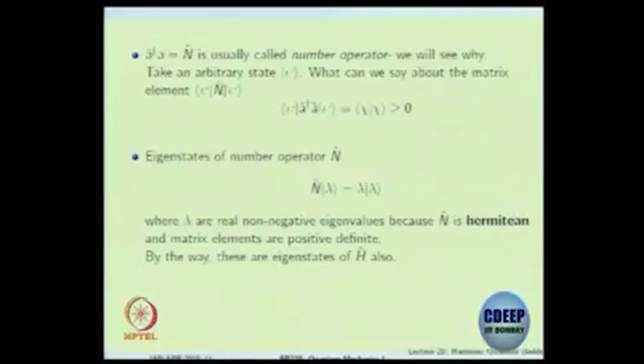So this is just to say that since the number operator commutes with the Hamiltonian, they will also be eigenstates of the number operator. Hamiltonian and number operator will share the same eigenstates, and the eigenvalue of the Hamiltonian will be h cross omega times lambda plus half, right? Is that right? Okay.